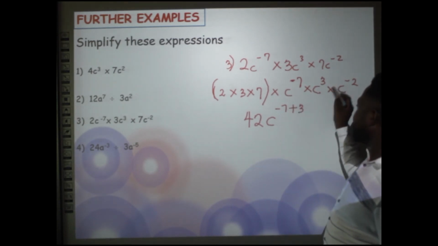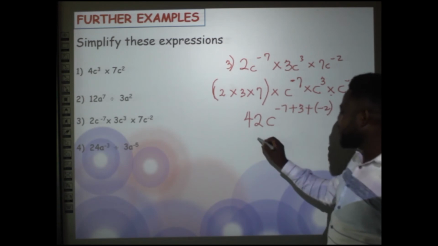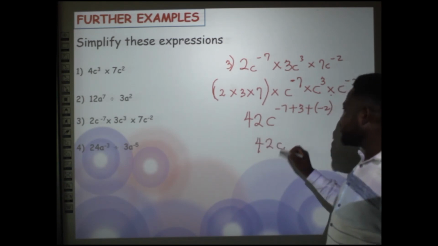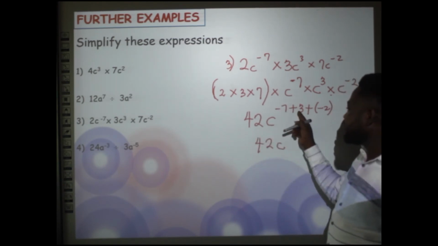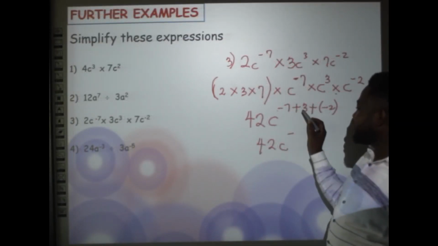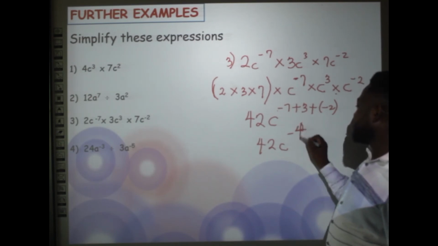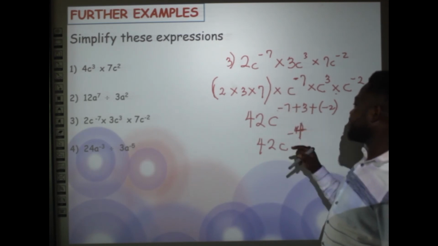Then plus, this will turn to plus minus 2, right? This will give you 42c to the power, minus 7 plus 3 will give us 3 minus 7, which is what? Minus 4. Okay? Right? Minus 7 plus 3 is same as saying 3 minus 7.